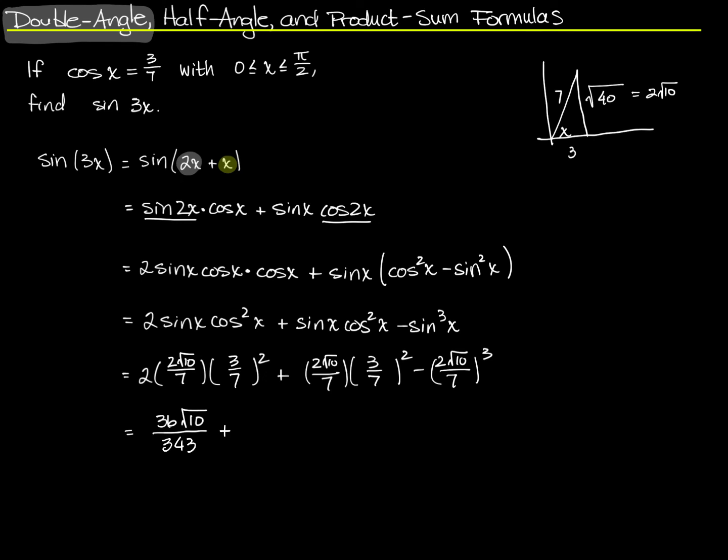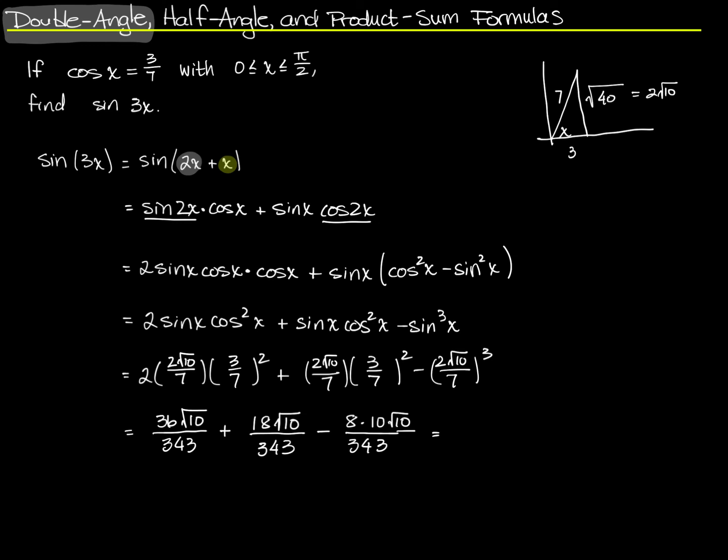2 times 3 squared is 2 times 9, which is 18 times root 10 over 7 cubed, 343. And conveniently, I have 2 cubed times root 10 cubed over 7 cubed. The 7 cubed is going to be 343 again. 2 cubed is 8. Now the square root cubed, root 10 times root 10 times root 10, gives me a root 10 times root 10, which is just 10 times root 10.